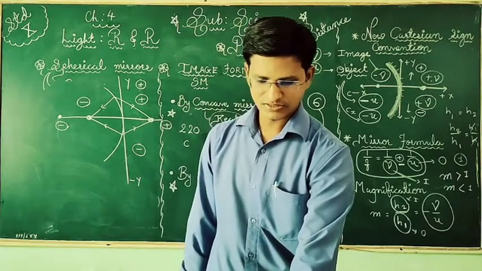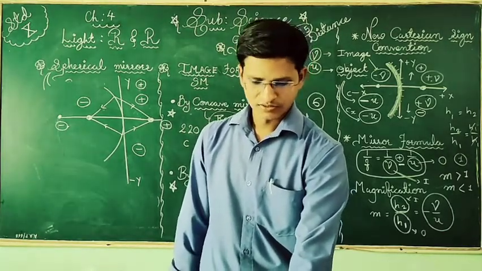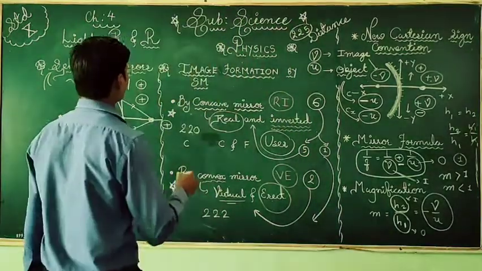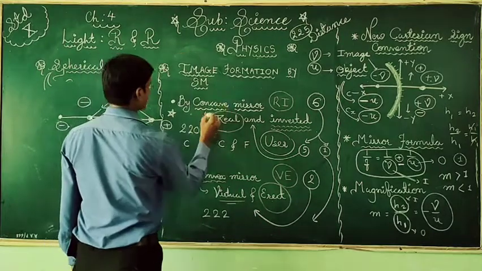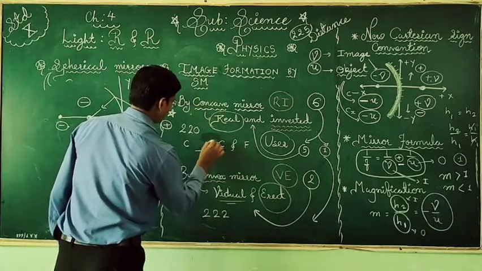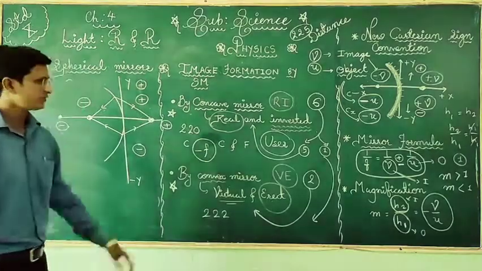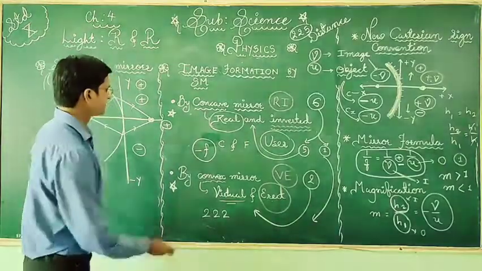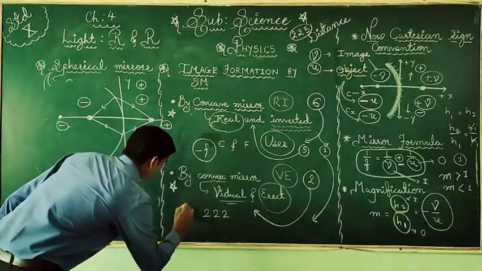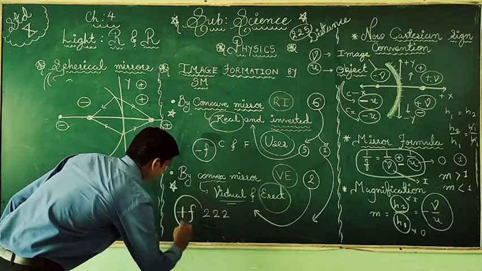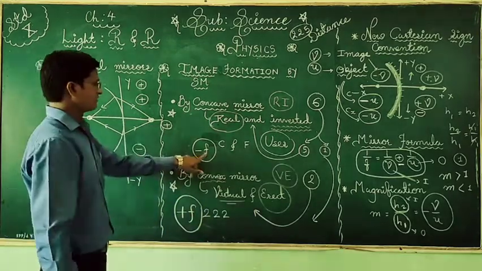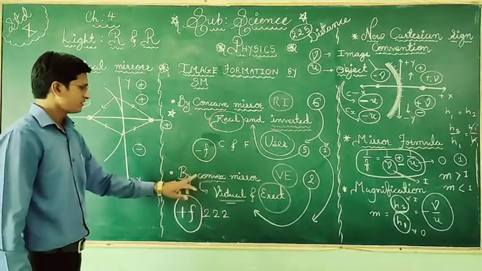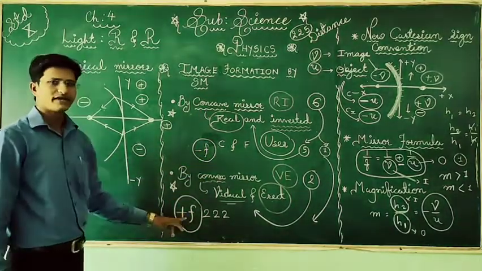If you see the table above, please remember, the focal length of a concave mirror is minus, and for the convex mirror is plus.